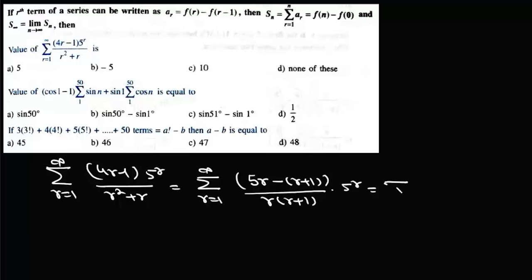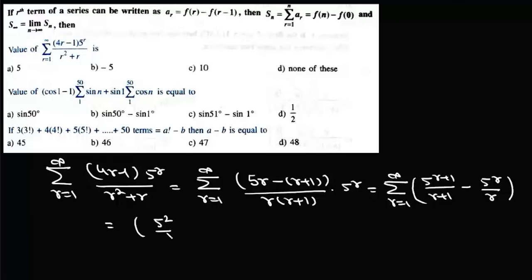Now we multiply them, this r and r will cancel, we get 5 to the power r plus 1 upon r plus 1 minus, now here r plus 1 will cancel, we get 5 to the power r upon r. Now if we put r as 1, we get this as 5 square upon 2 minus 5 upon 1 plus 5 cube upon 3 minus 5 square upon 2 up to infinite.